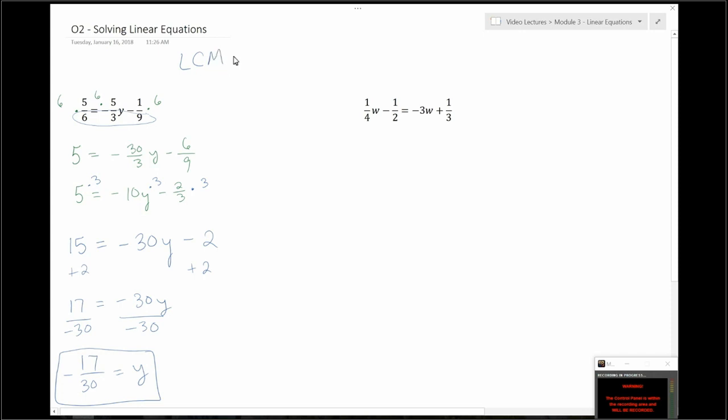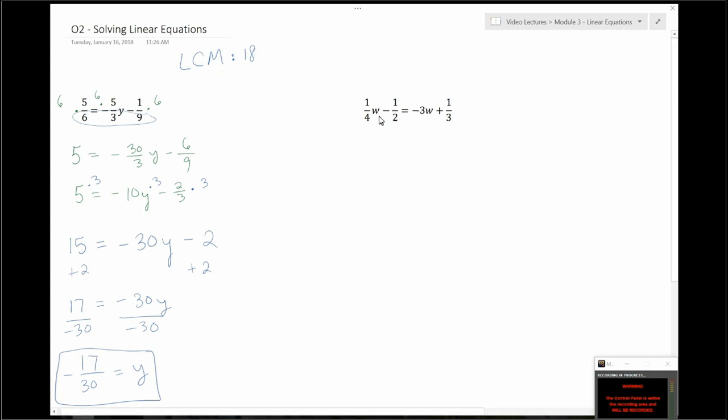In this case, it was 18. 6 can go 6, 12, 18. 3 times 6 is 18, and then 9 times 2 is 18. So the reason I like my strategy better is I don't have to sit and think about what is the least common multiple. I don't have to do this extra work. I can just get started and get rid of my fractions.